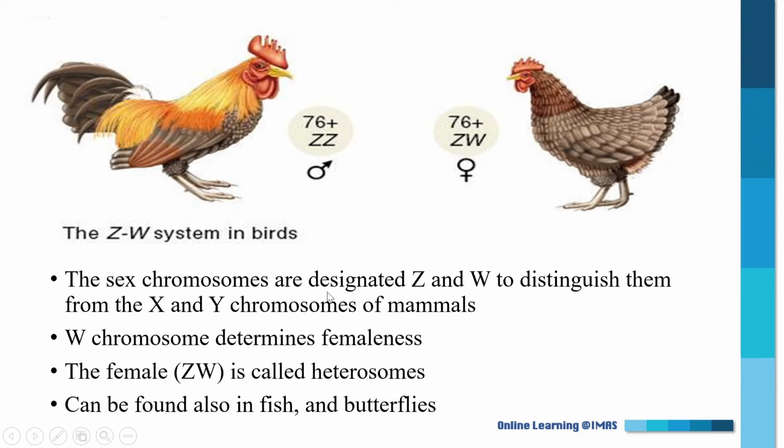So the sex chromosomes are designated here not X and Y but Z and W, to distinguish them from X and Y in mammals. So the W determines femaleness, and the female here, ZW, is called heterosome. It can also be found in fish and butterflies.